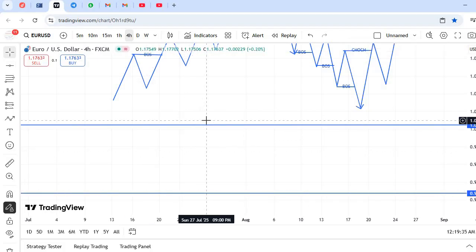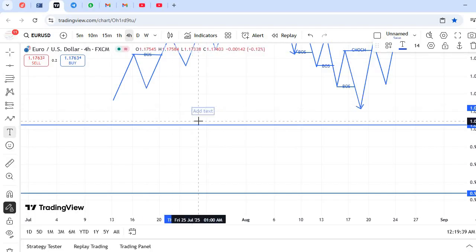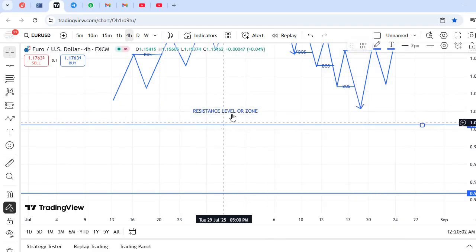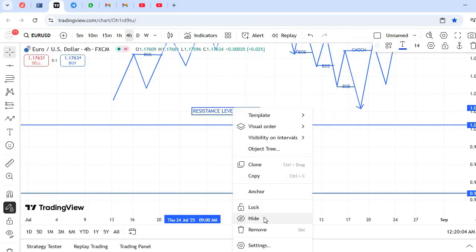So this level is the resistance level, or you can call it a zone. Then we have the support level.